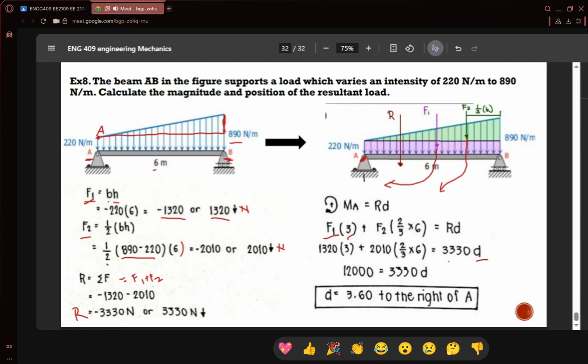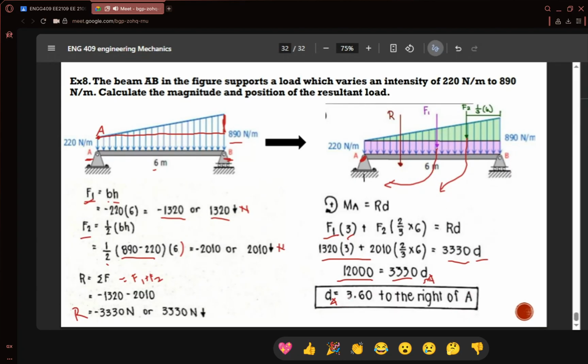So your 3,330 is your R from earlier. So this one will yield you 12,000 exactly. 3,330 times D. So we just need to solve for the D. This is D sub A. Again, if you didn't define the reference point, then you have to write this up to the right of A, or from A, something like that.